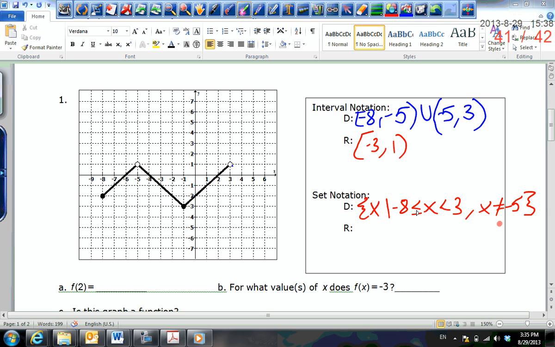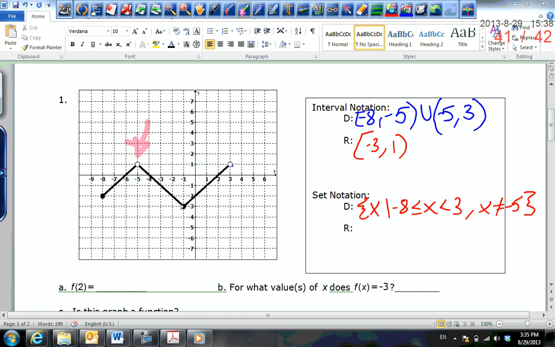I have a question. Can you go over that again for domain? Sure. We're saying our x values are between -8 and 3, except at this point right here. We're not talking about this black dot right here. That's the starting point. We have a white hole in the middle.